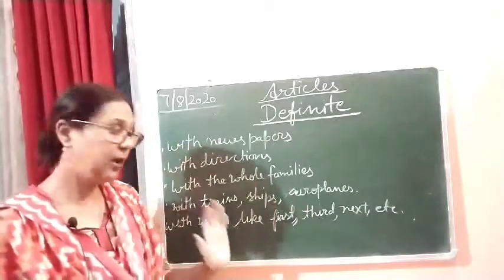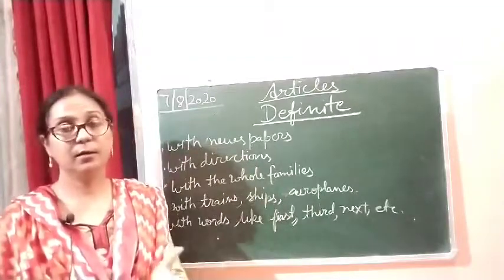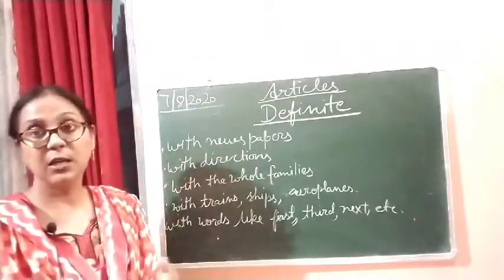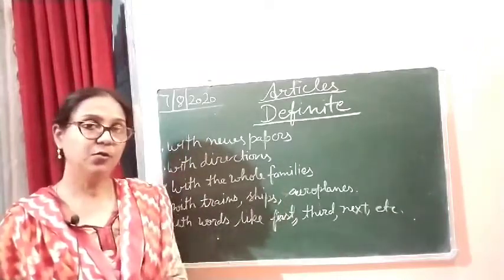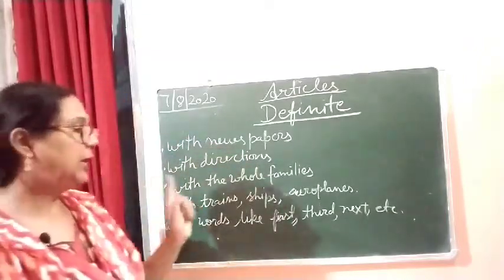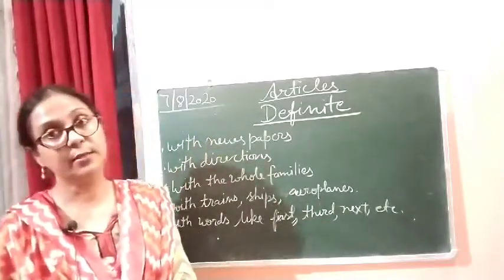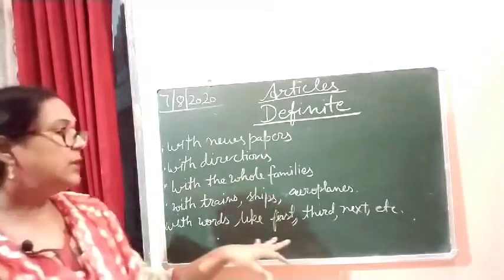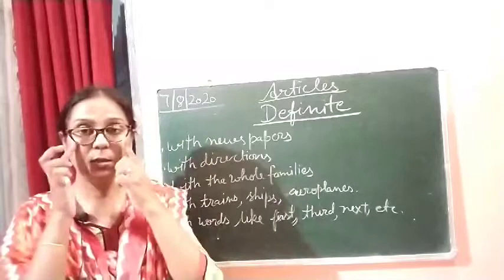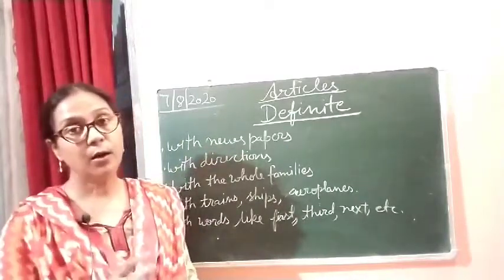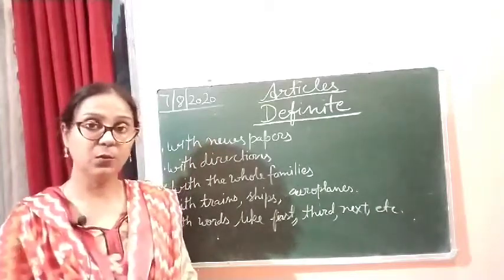Before the names of trains, ships or aeroplanes, airlines, any airlines, you can write the Indian Airlines. So this we have to always remember. Before the name of trains, ships and aeroplanes, we are supposed to write 'the'. Now with words like first, third, next, etc., before these words we have to put 'the'.